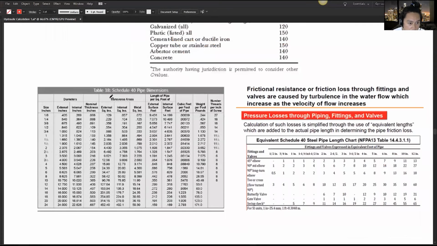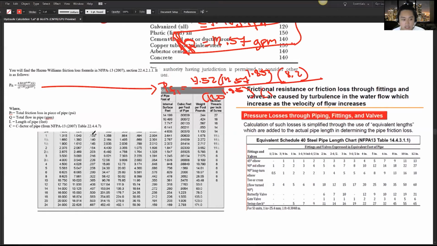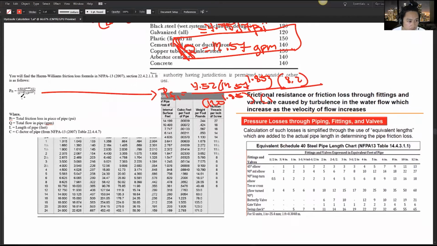We will know it's table 38, schedule 40 pipe. So if we've got a 1 inch, we get to know the internal diameter. It's in inches, 1.049. And if you go back to our solution, the diameter here is actually in inches.